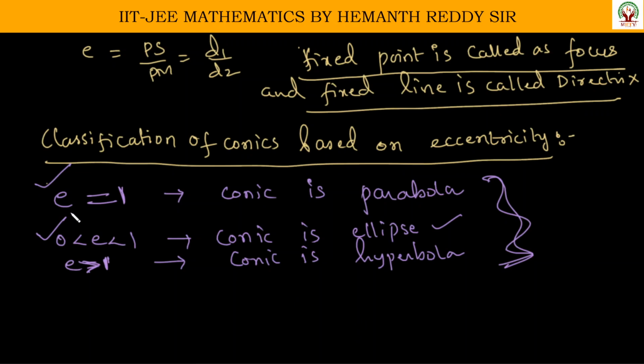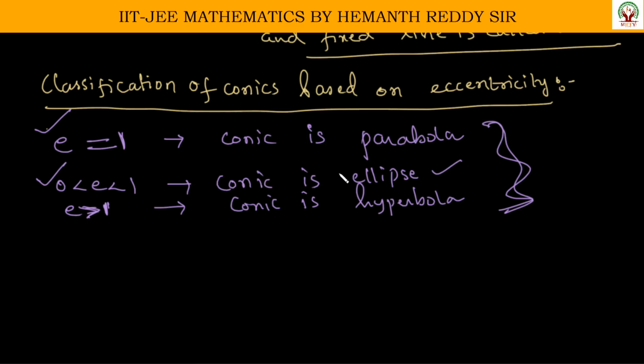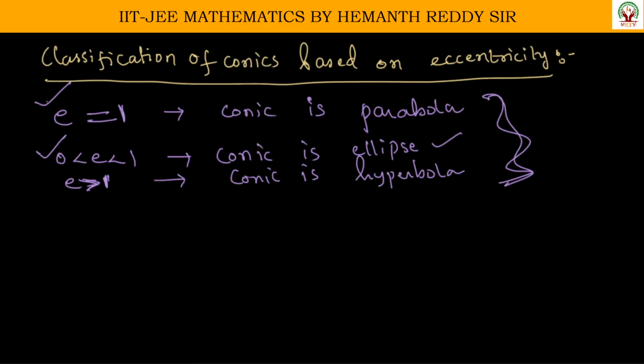So a parabola is where eccentricity is equal to 1. I'll take a fixed line, this fixed line is always called the directrix, and I'll take one more fixed point.